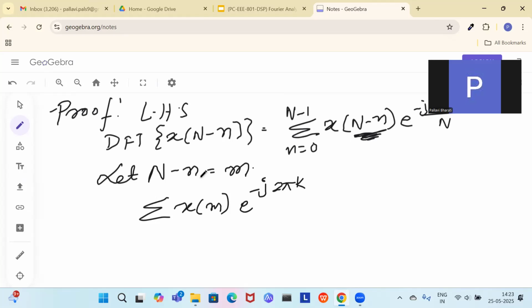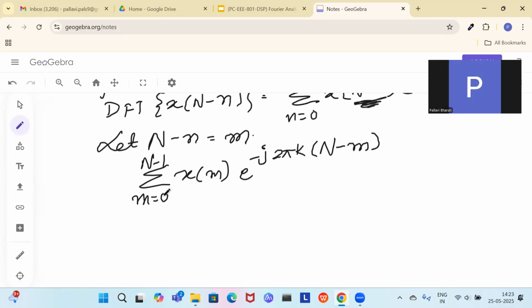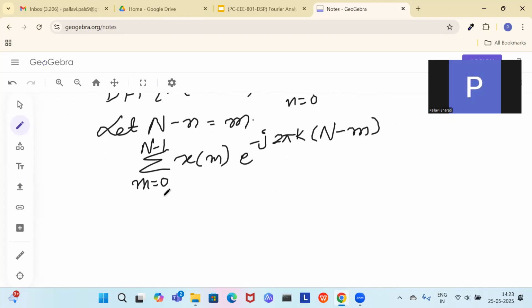Capital N minus n is equal to m, so small n will be equal to N minus m. And here it is going to go from m equals 0 to N minus 1. Got it? Here I have missed a capital.